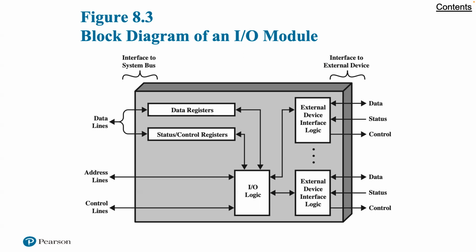The processor uses the control lines to issue commands to the I/O module. Some of the control lines may be used by the I/O module, for example, for arbitration and status signals. The module must also be able to recognize and generate addresses associated with the devices it controls. Each I/O module has a unique address, or if it controls more than one external device, a unique set of addresses.